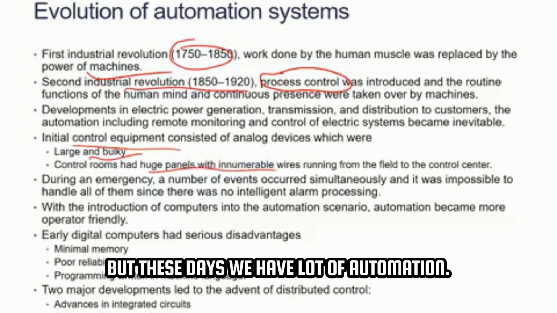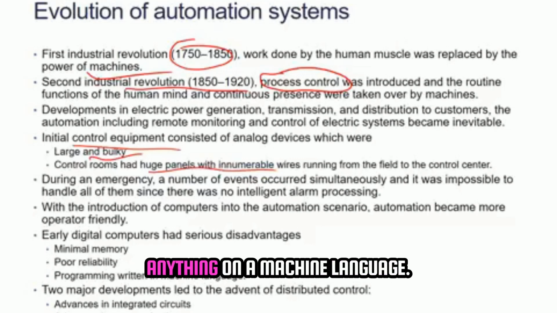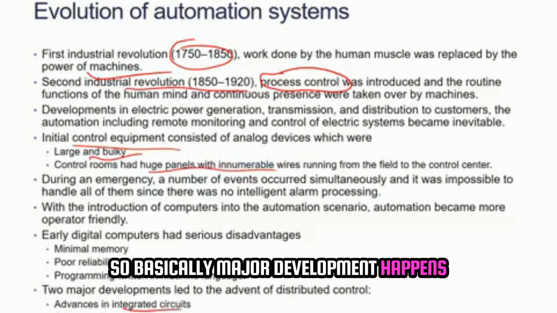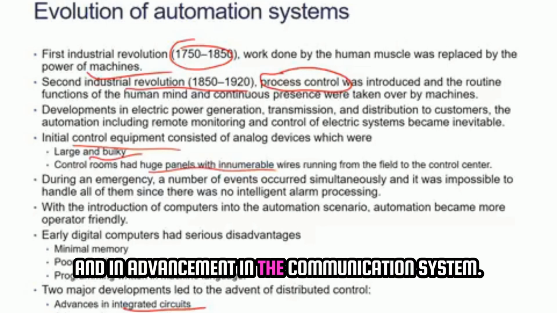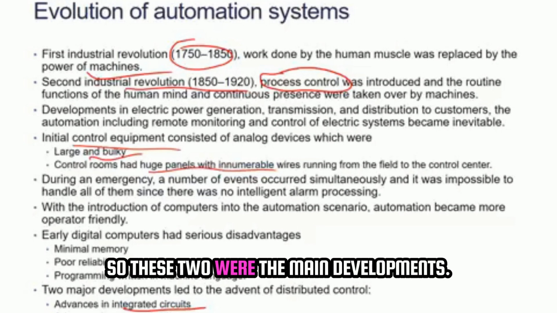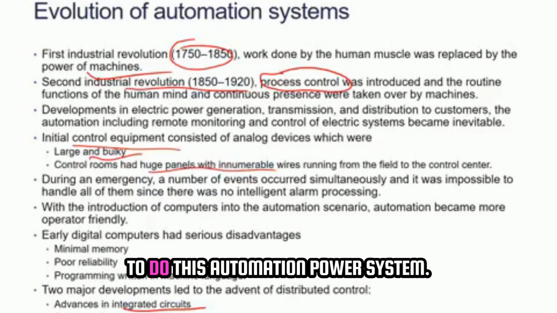But these days we have a lot of automation and digital computers where we can easily program anything in machine language and get the job done with these automated systems. Major development happened with integrated circuits and advancement in communication systems. These two were the main technology developments because of which we were able to do this automation.